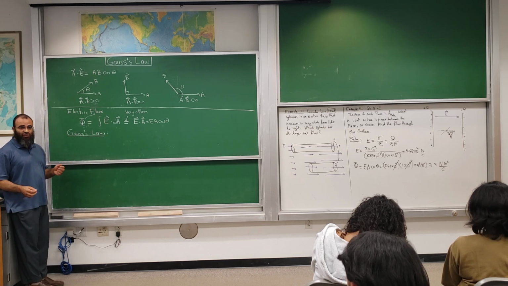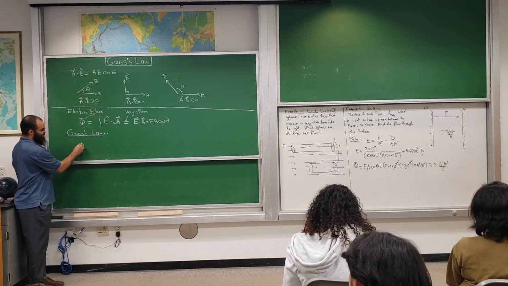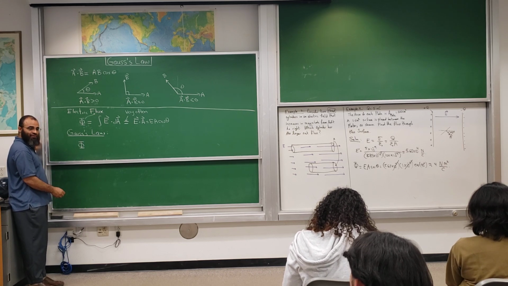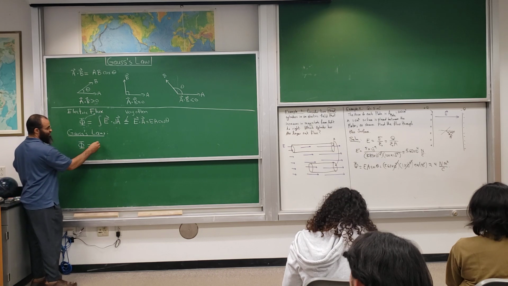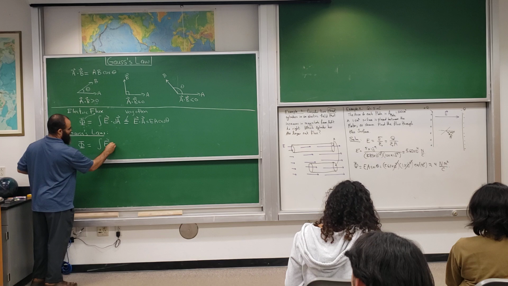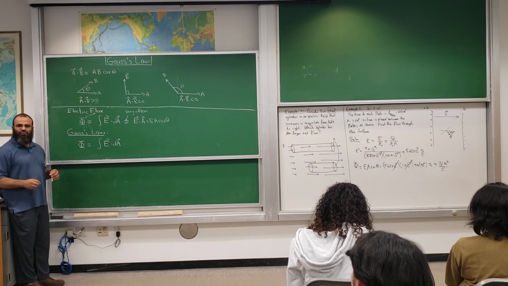It's in mathematical form. It says the following: the flux through a closed surface. So how do I say a closed surface? Well, the flux is this: E dot dA.